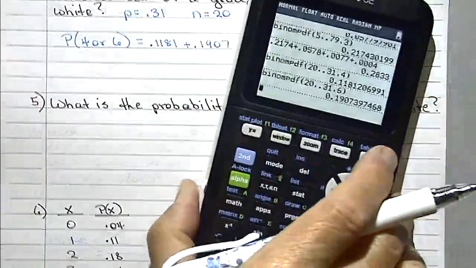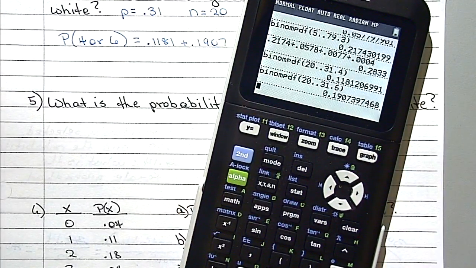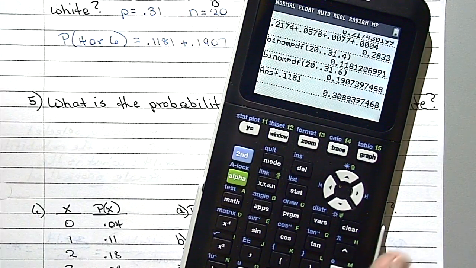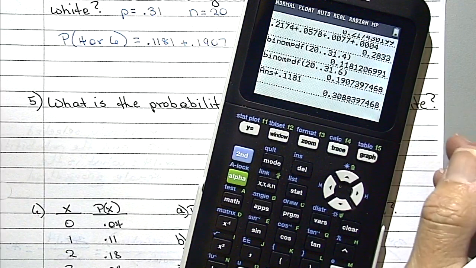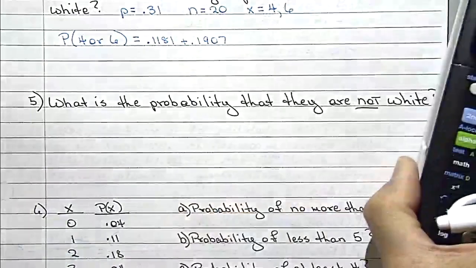So let's add those together. And you could just say, okay, I got 0.1907 or close to it. I could just add the other one, right? Go to 4 decimals. And it came out to be, I only need the first 4 decimals of it, 0.3088. Is that what you're getting?